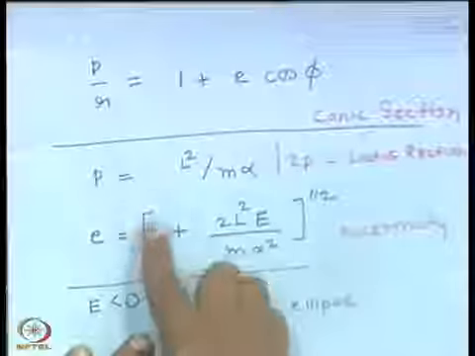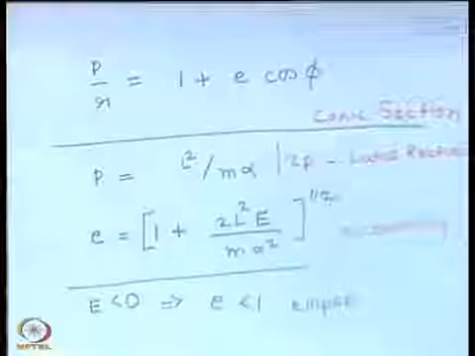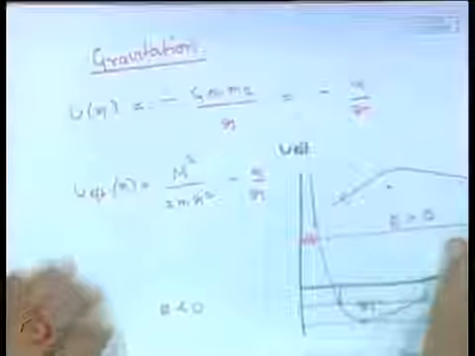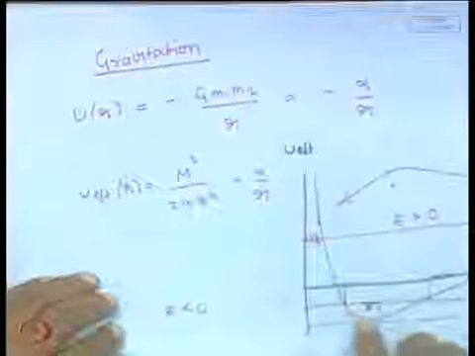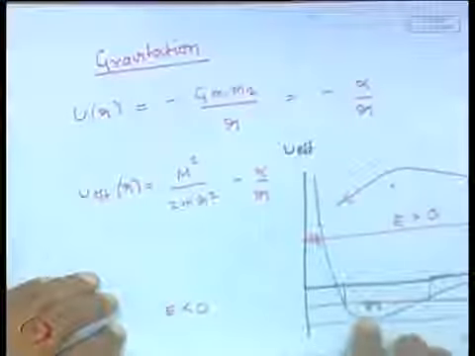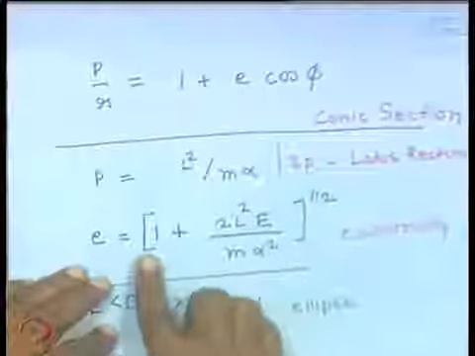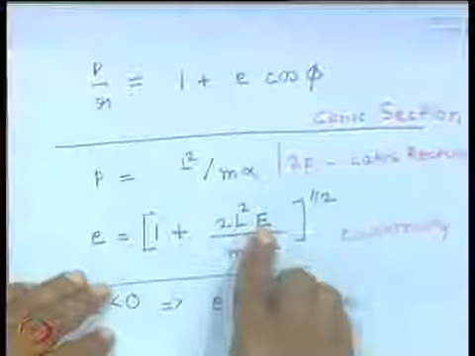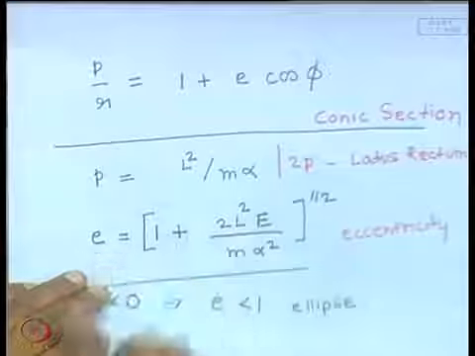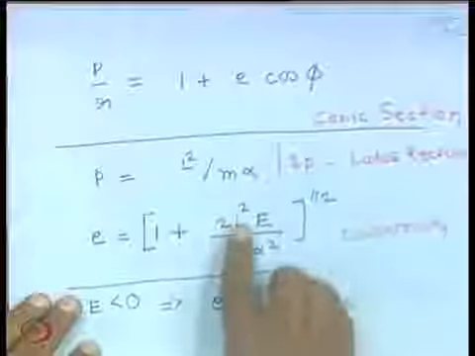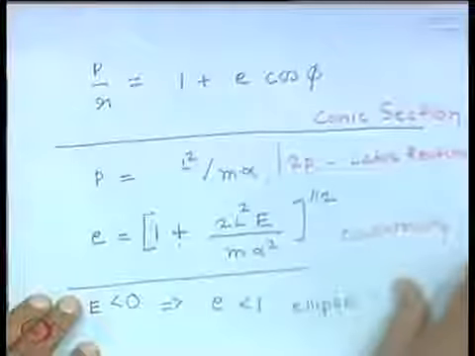When do you have a circular orbit? We have seen that you will get a circular orbit at the minima of this potential, where there will only be one value of r. Another way of arriving at that is by determining the minimum value of the energy that you can have.